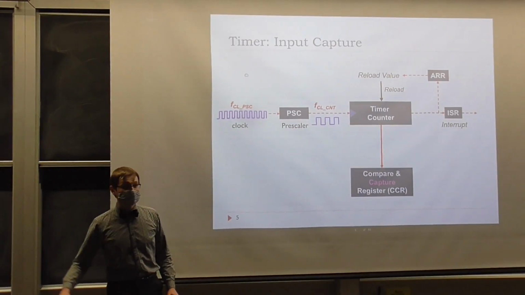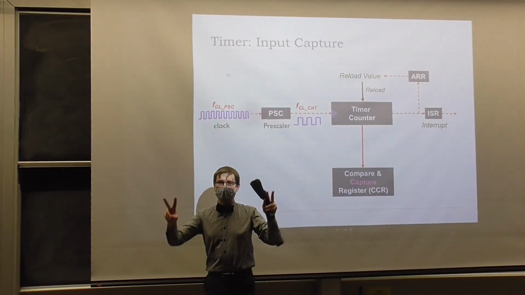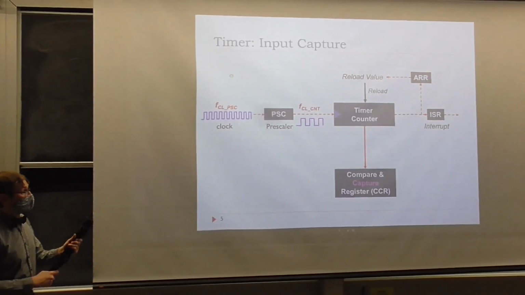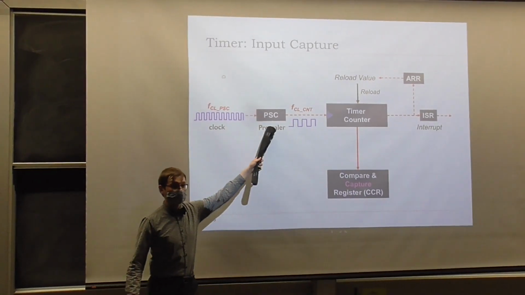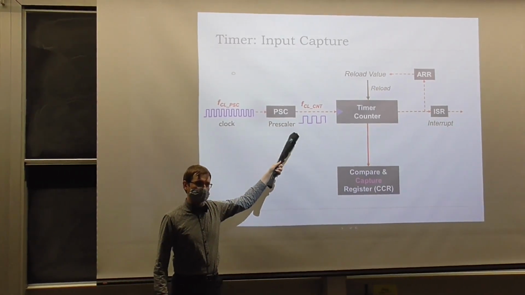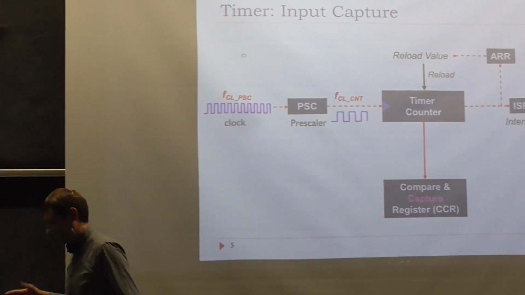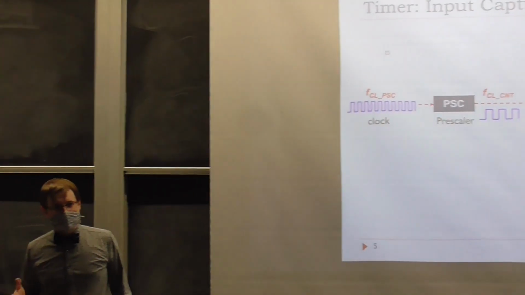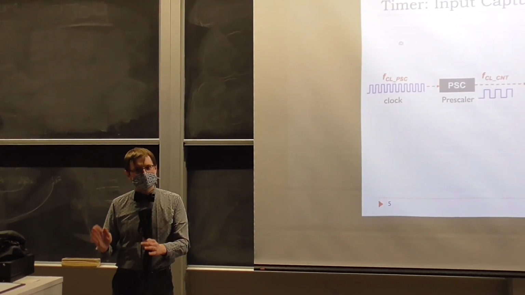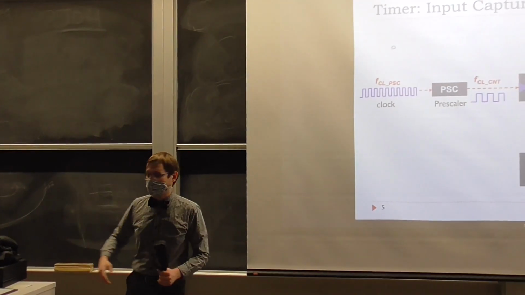If you multiply that by the maximum value of this counter, you'll get what the true count value should be. Depending on how you've configured the prescaler, if you don't set the prescaler to do anything at all, you can have overflow events happening in the sort of 100 microseconds to 1 millisecond range at that frequency.